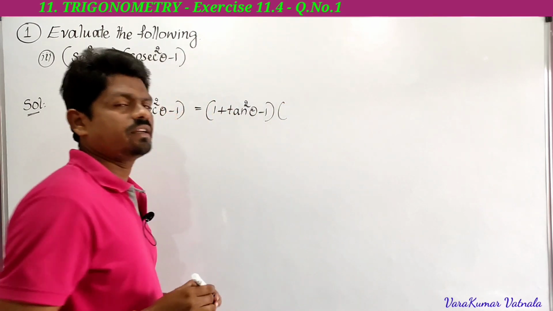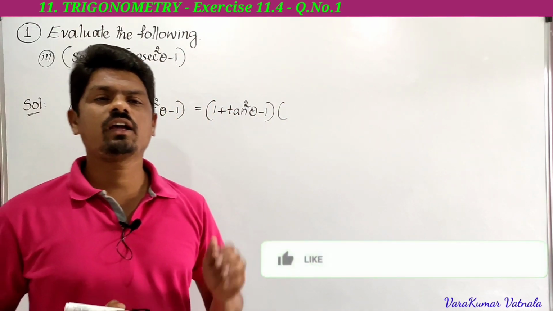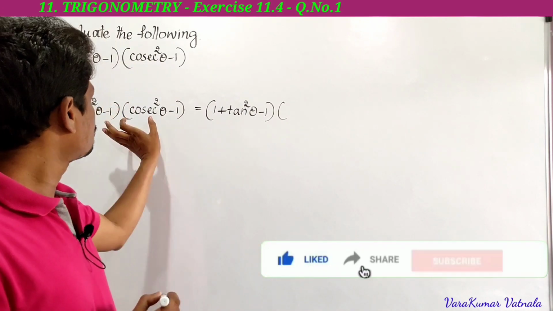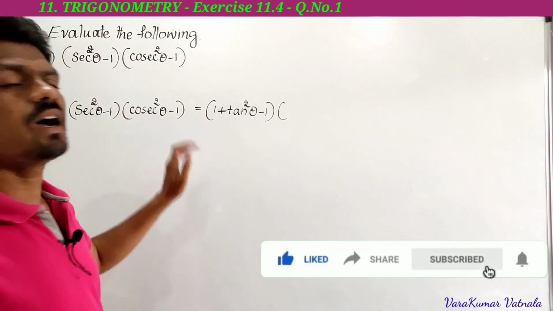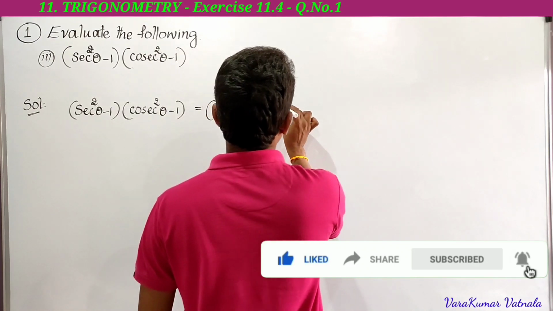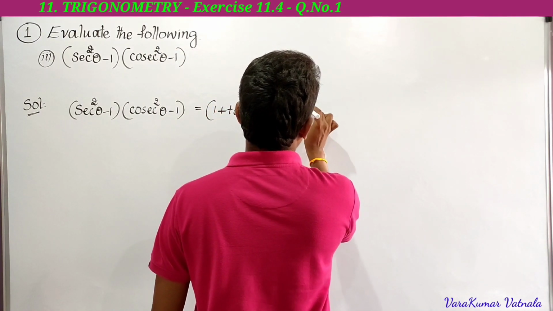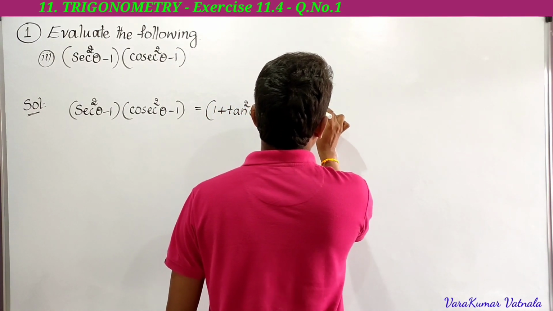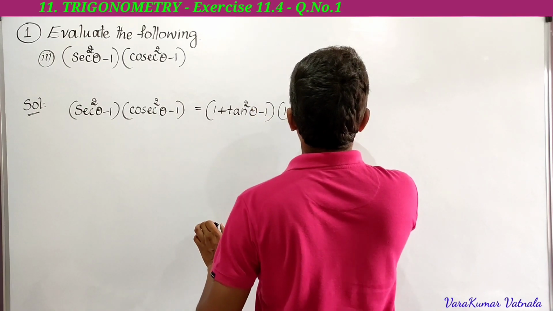So the third identity, 1 plus cot square theta equal to cosec square theta. So here cosec square theta is there. I want to write it as 1 plus cot square theta. Write minus 1 as usual.